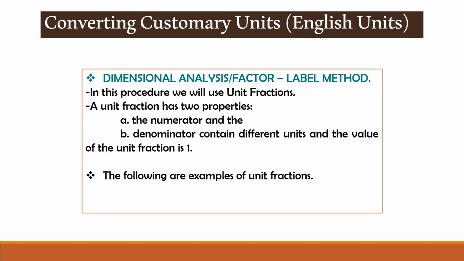The following are examples of unit fractions. 1 foot over 12 inches, so those two are equivalent. 12 inches over 1 foot, 1 yard over 36 inches, and so on.